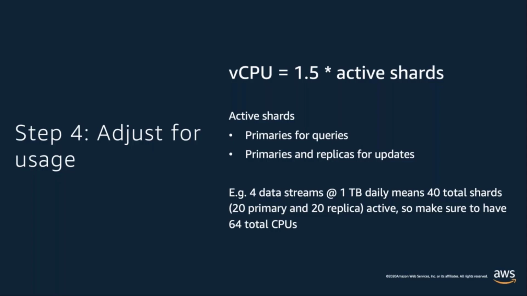Let's say each of those indexes has 5 primary shards and 1 replica. So each index has 10 total shards, and each of those 4 indexes is concurrently active. Those are active indexes, so I have 40 active shards total. So we want to make sure that we have, in this case, a total of 60, or 64 is a round number, total vCPUs in this cluster.